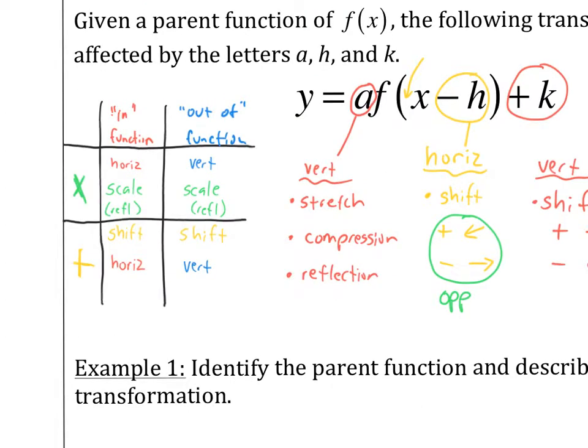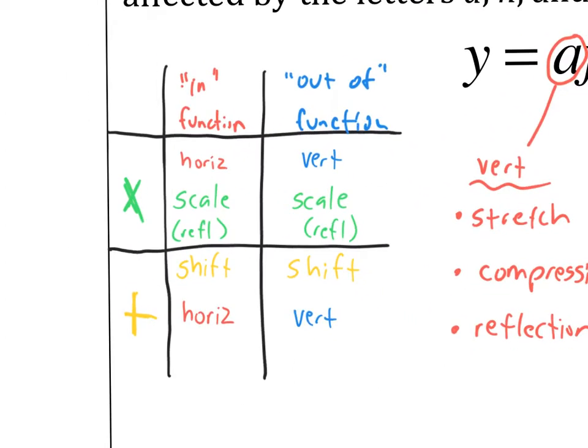So we can summarize this whole thing just by making a little quick chart here. Here we have something happening inside the function, outside the function. We have a product going on or a sum, an addition going on. So whenever it's inside, it's going to affect the horizontal. Whenever it is outside the function, it's going to affect the vertical. Any multiplication will always scale it. It'll compress or stretch, and also can reflect.